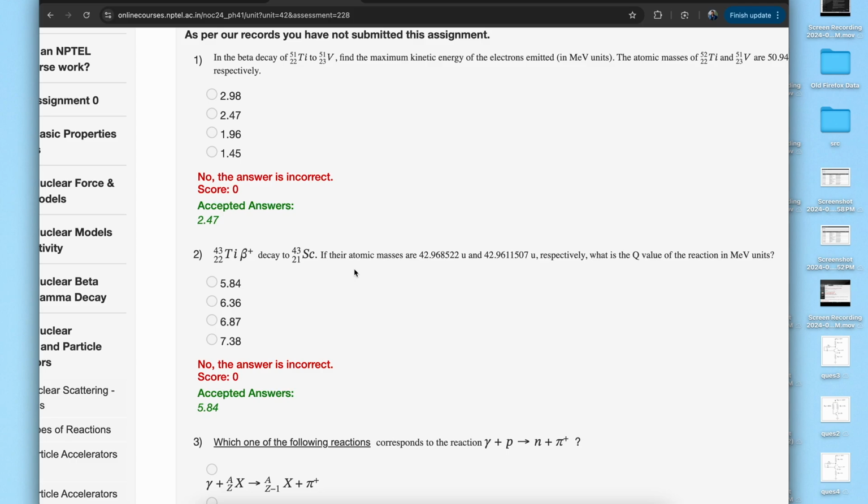So (Z minus 1) mp minus (A minus Z plus 1) mn, and then the mass of the electron, correct?